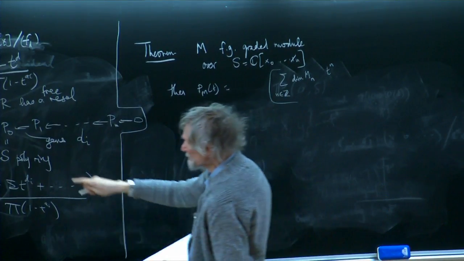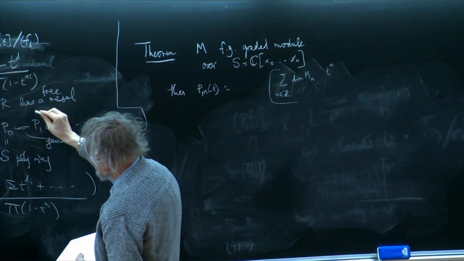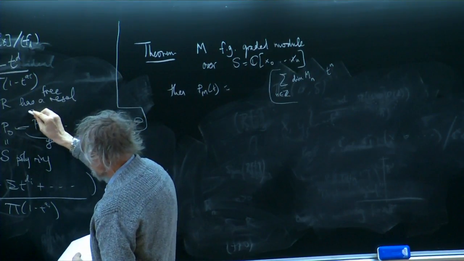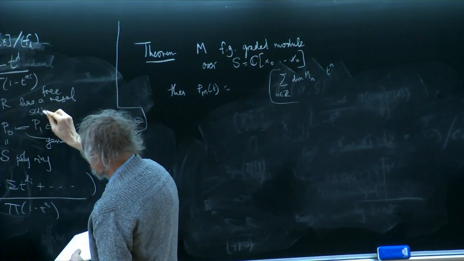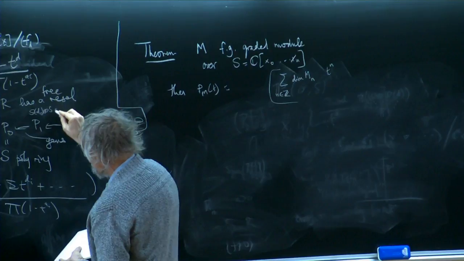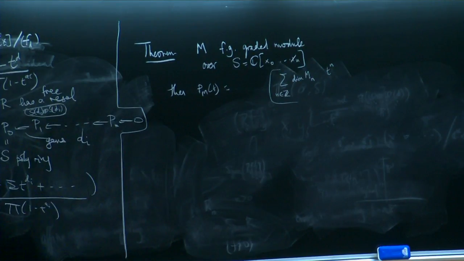Here you normally think of the relations as being, for example, S(-d1) plus S(-d2).